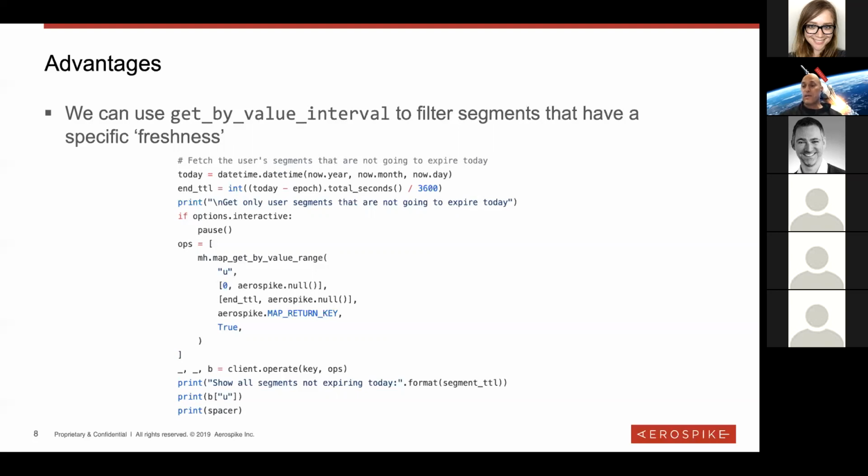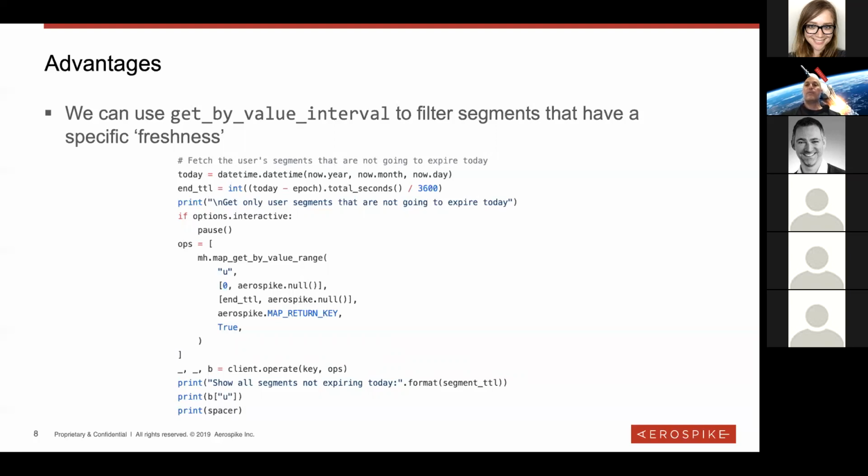So the first thing it's going to do is look at this leftmost value and see that it's an integer, and it's going to sort it. So if I'm trying to find things in a value interval, it will tell me all the segments that exist between two extremes, between two lists that also have a TTL as their first element.